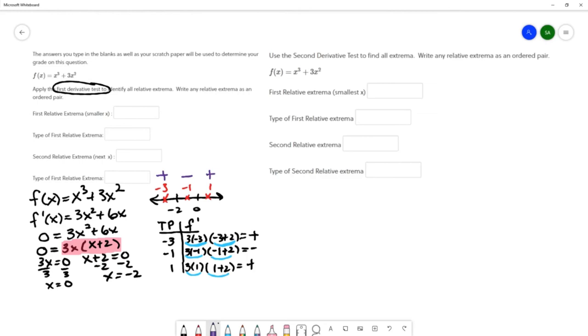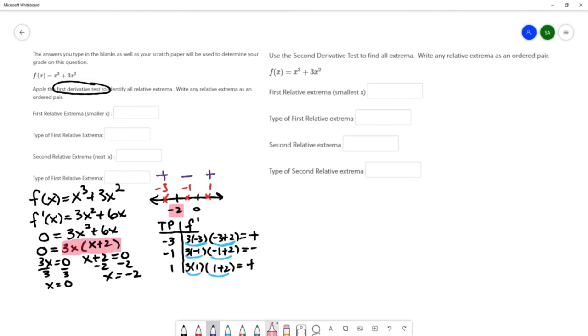So now that we've built this chart, we're going to apply the first derivative test. The first derivative test reads the chart looking for changes from increasing to decreasing or decreasing to increasing. We can see that we have a change that occurs over this critical number.